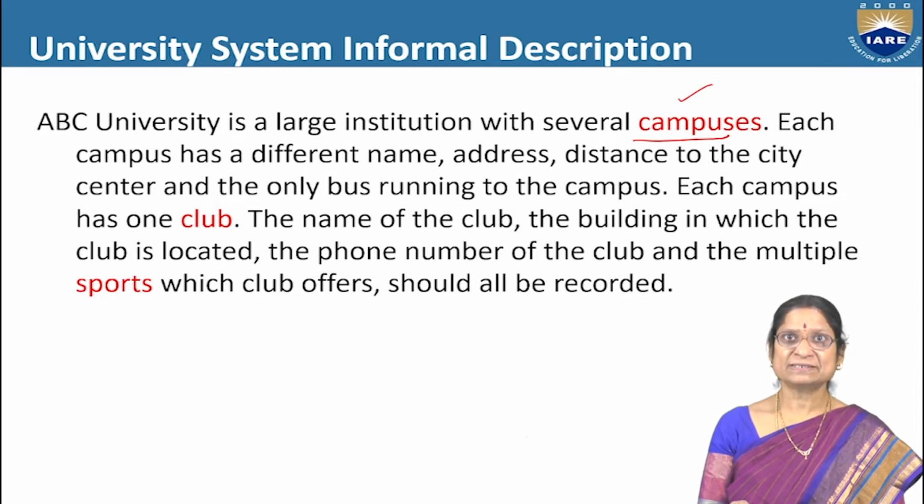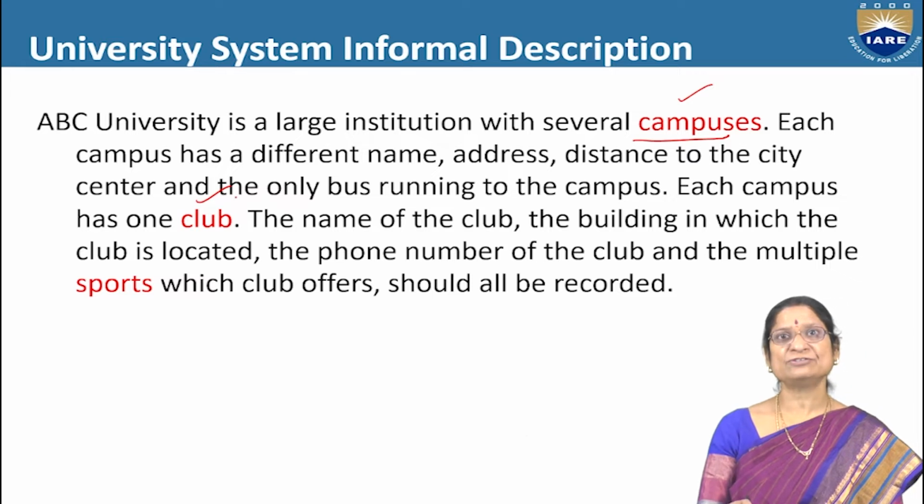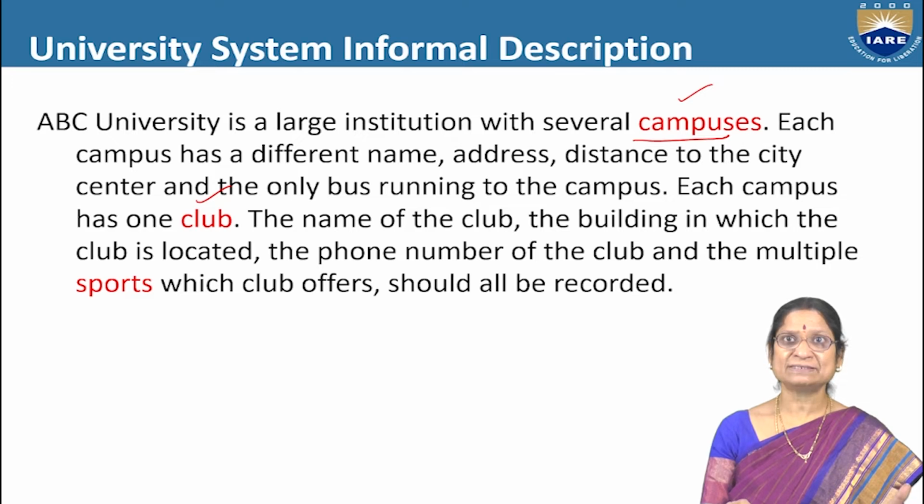Then each campus has a club, the name of the club, the building in which the club is located, the phone number of the club, and the multiple sports which the club offers should also be recorded. So about the club we are supposed to record it, no? So that's why club might be one more entity set. So I made it red color. You just observe. Then the club is offering or providing multiple sports.